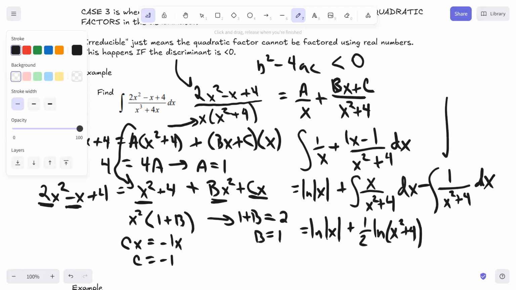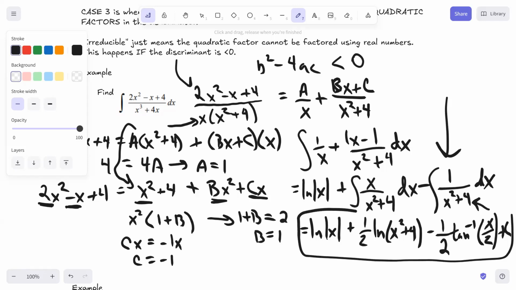And this last one should be recognizable as arctan. So it's 1 over a, which in this case, the a is 2 because the 4 is playing the role of a squared. So it's 1/2 tangent inverse of x over a, so x over 2, plus C. And there we have it.